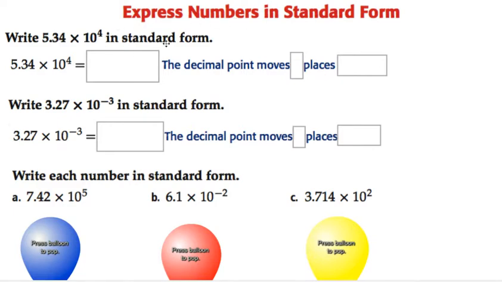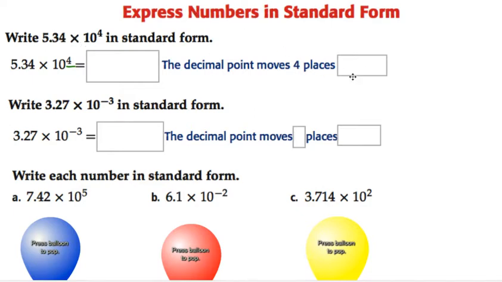Write these numbers in standard form. 5.34 times 10 to the fourth. So first of all, the decimal point moves how many places? If you look at what the exponent is right here, that number is a 4. So that tells us it's going to move 4 places. Is that number positive or negative? Well, that number is positive 4, right?